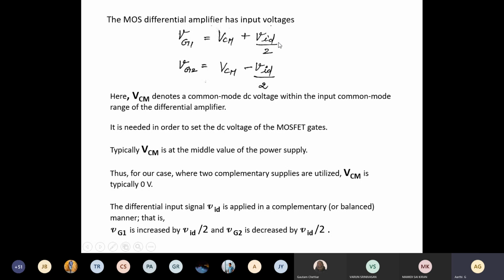So keeping that in mind, we are giving the value of VID by 2 lesser than the overdrive voltage in the small signal analysis. From this we are going to calculate the differential mode gain, the common mode gain, and then the common mode rejection ratio. That is what we are going to do in this small signal operation.